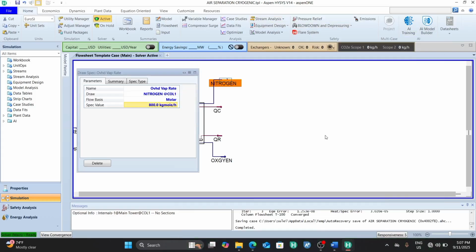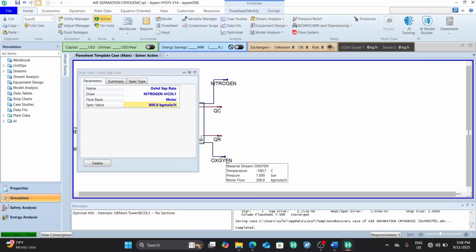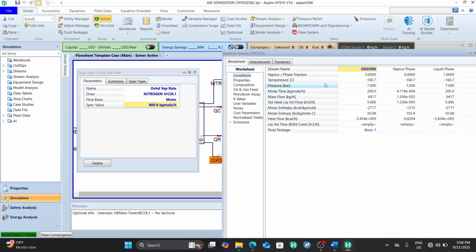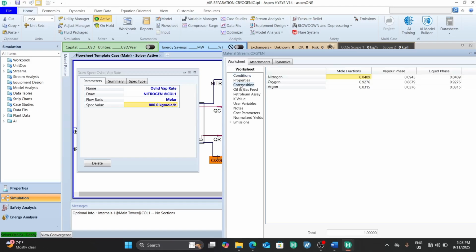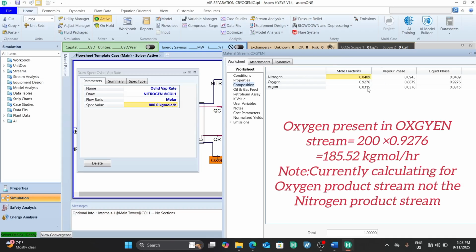So we're going to do the same thing for our bottoms for the oxygen to calculate how much we have. But the flow rate of the bottom is currently 200 because we have 800 for the vapor rate, and the bottom we expect 200, a total of 1000, which is our feed, basically obeying the continuity equation. So we currently have 92.76% for our oxygen here.